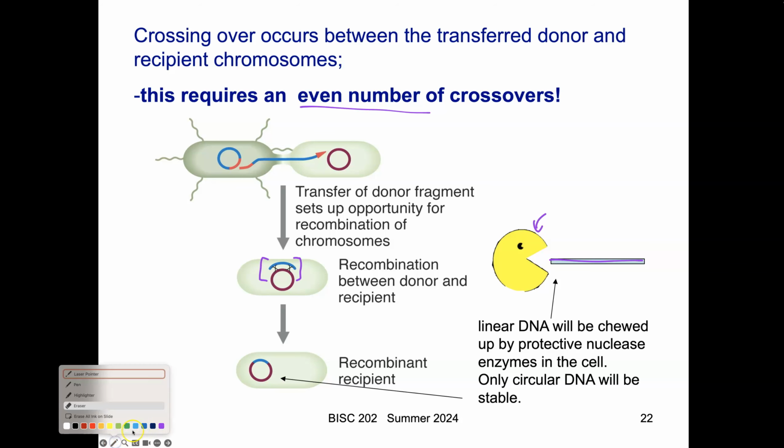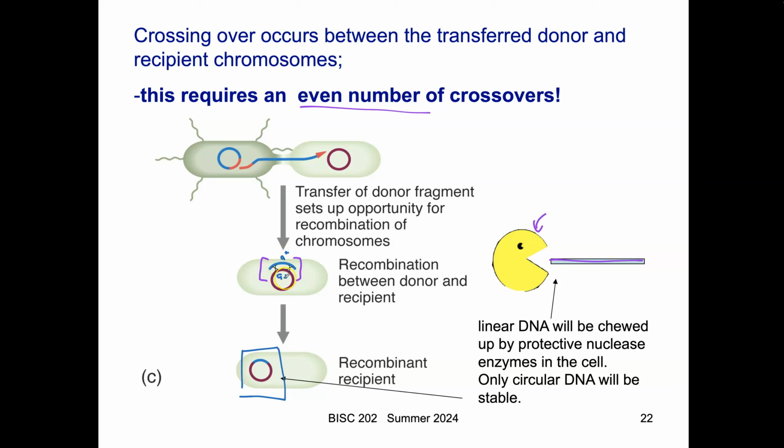It's the only part that can be stably maintained in the cell, but it now may have a change in genotype. It depends on what the genes were. If the recipient has the wild type A and the donor also has the wild type A gene, then even if crossovers occur, you're not going to see a difference, right?